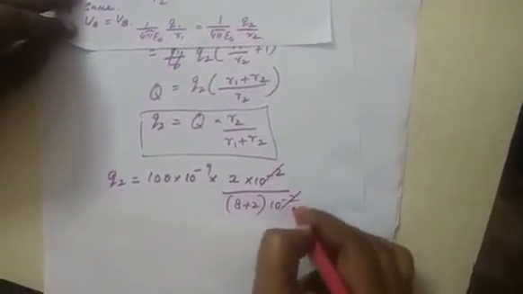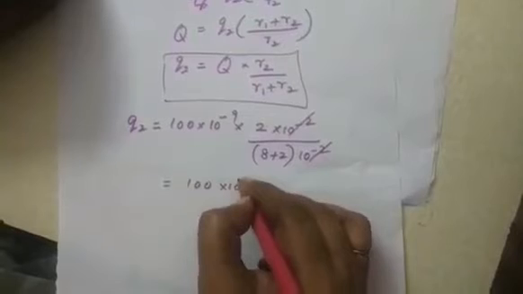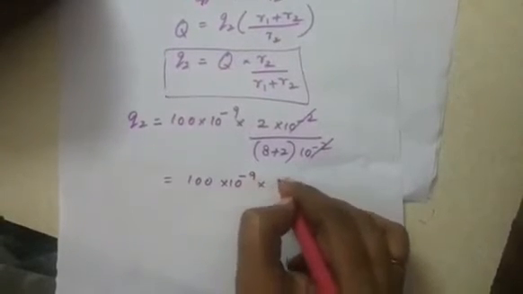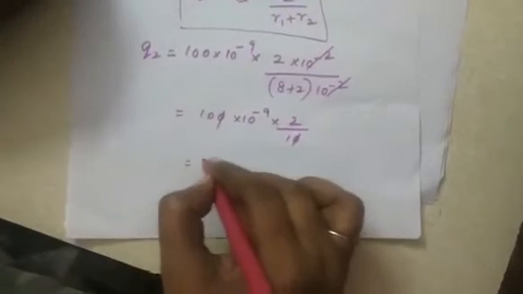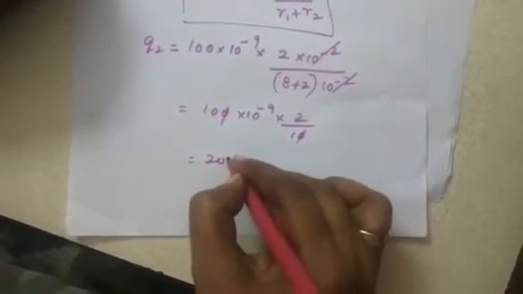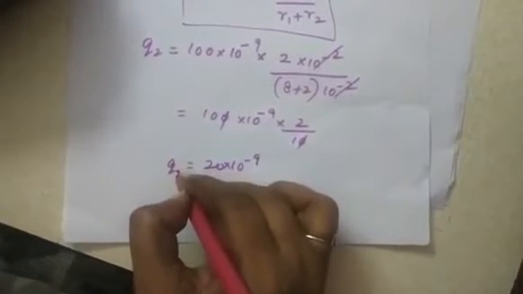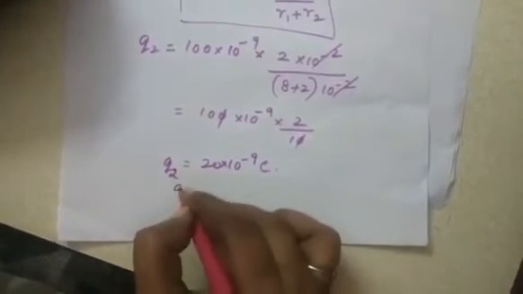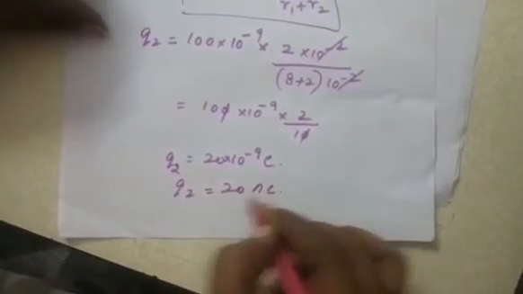So 10 power minus 2, 10 power minus 2 cancel. 100 into 10 power minus 9 into 2 divided by 10. 0, 0 cancel ஆயிரும். So 20 into 10 power minus 9 Q2. That is the Coulomb charge. So Q2 is equal to 20 nano Coulomb.